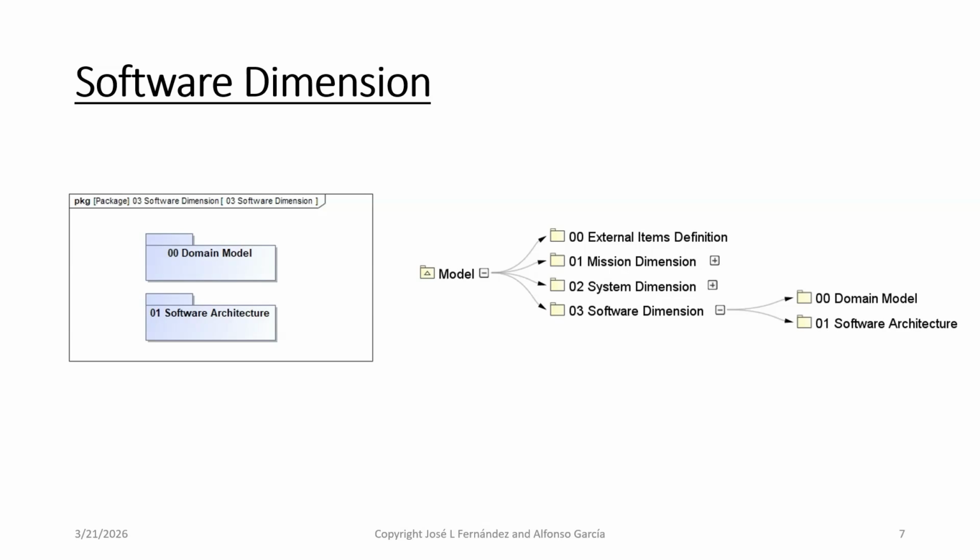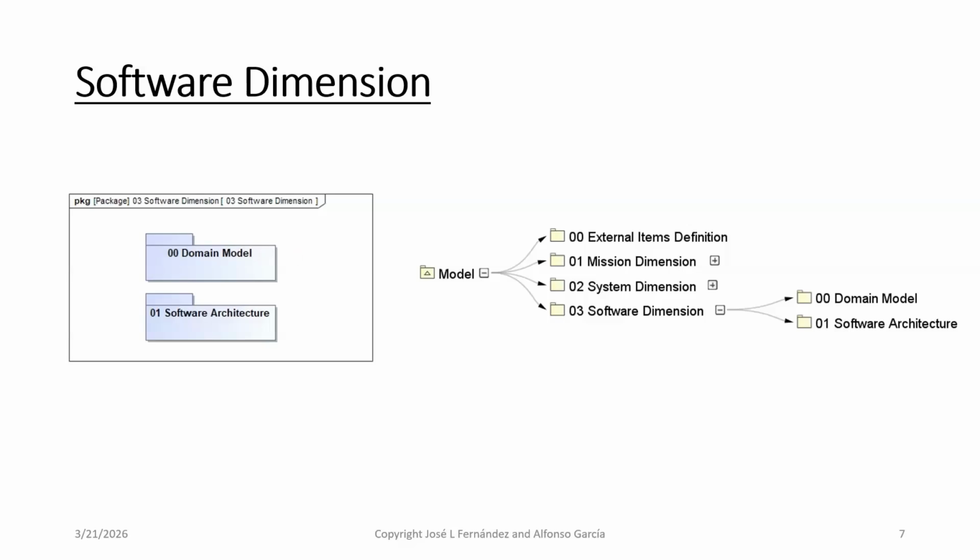In the same way as before, we define one package per view, one for the domain model and one package for the software architecture. The domain model captures real-world concepts and objects from the system dimension views and can be considered as the bridge that connects the system architecture to the software components which we are about to define in the software architecture.